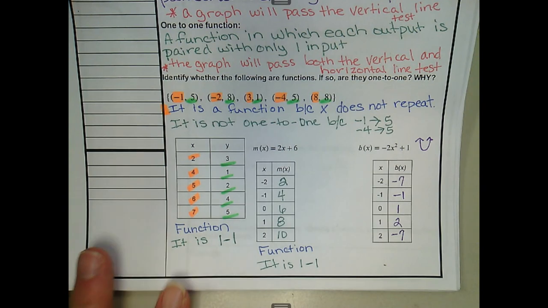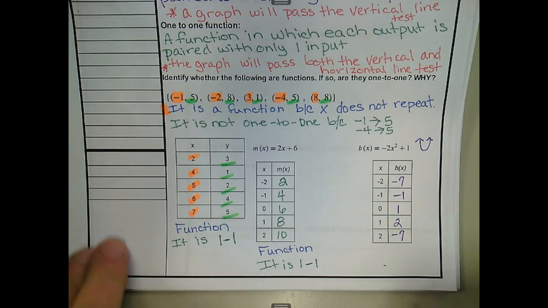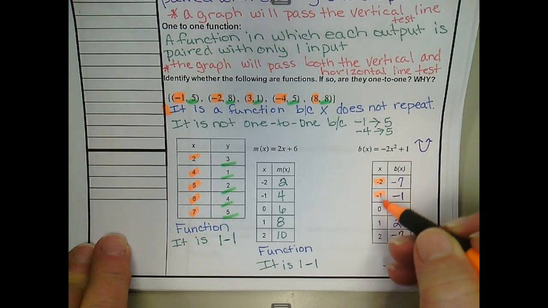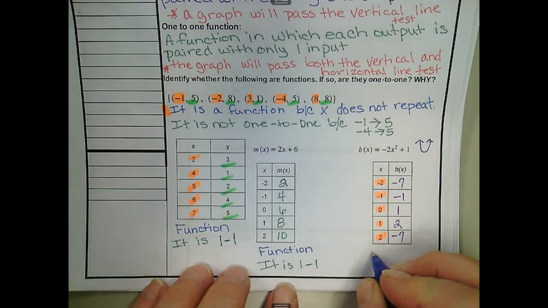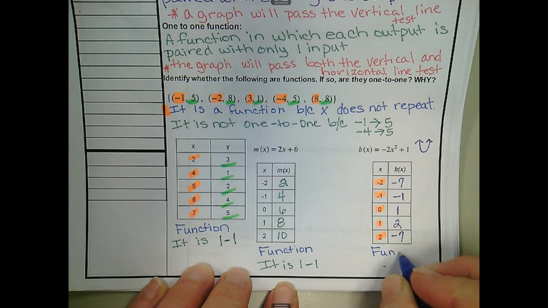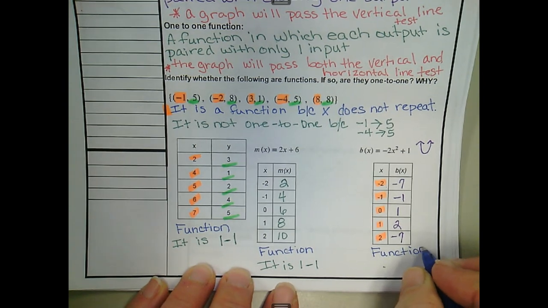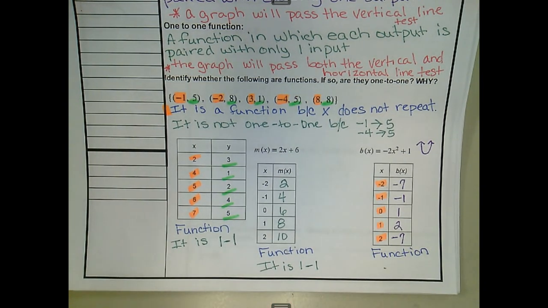Uh-oh, what happened? I've got negative 7 as an output twice. So what does that tell us? Step 1, is it a function? Negative 2, negative 1, 0, 1, 2. Yes, it is a function. Now, is it 1 to 1?